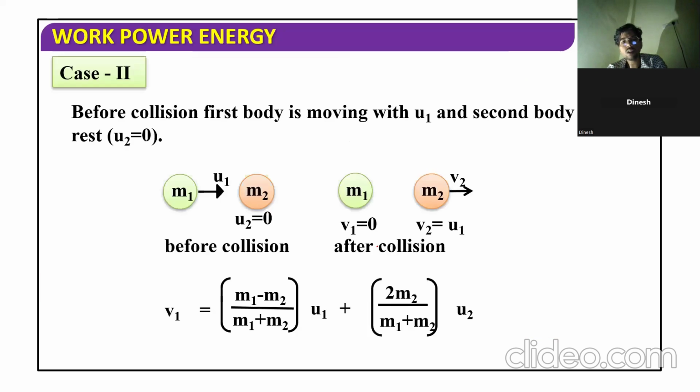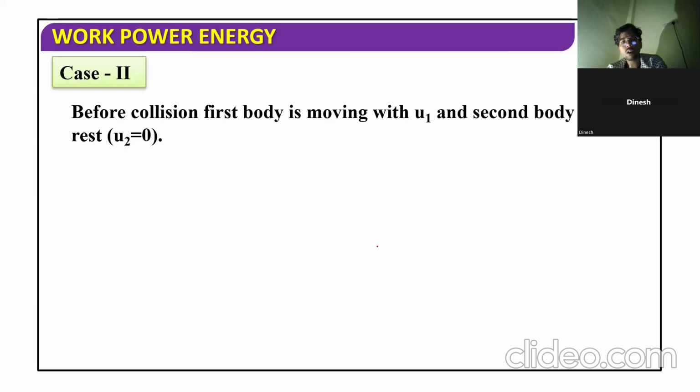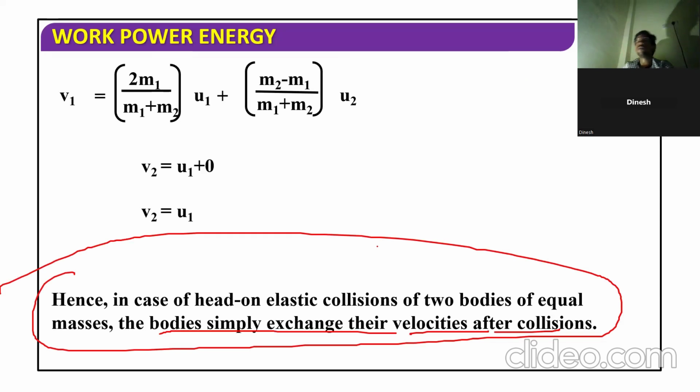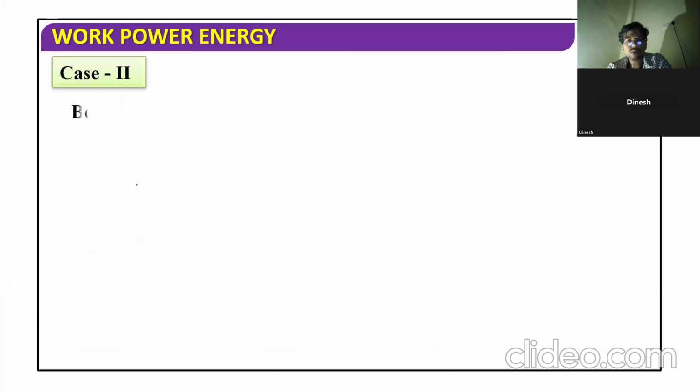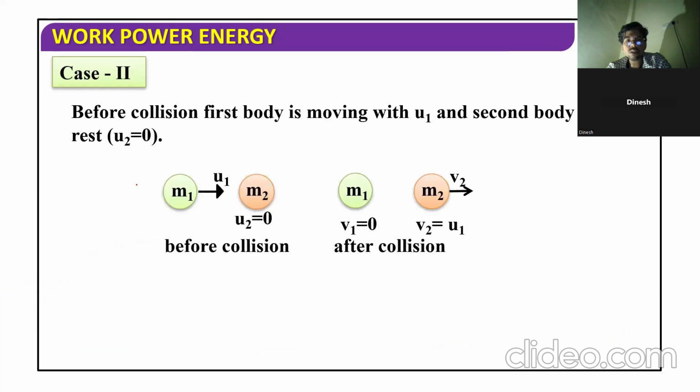Case second. Sir, can you show the previous slide? Clear? V2 is equal to U1, you can check. After collision, V2 is moving with U1. Before collision, the first body is moving with U1 and the second body is at rest.